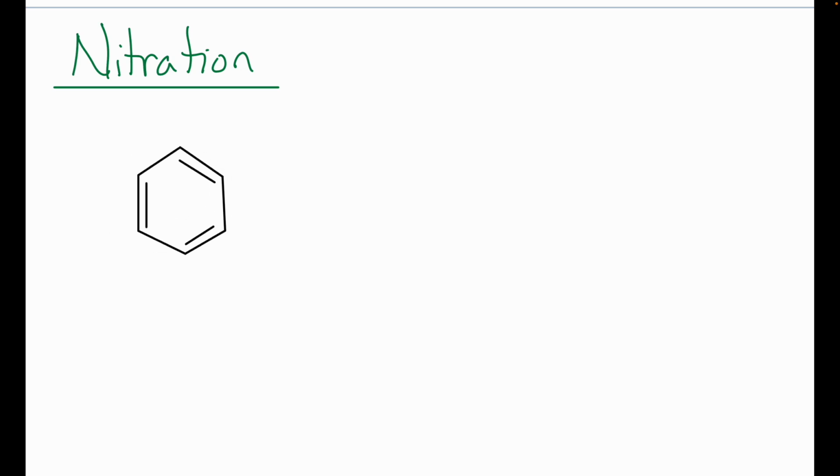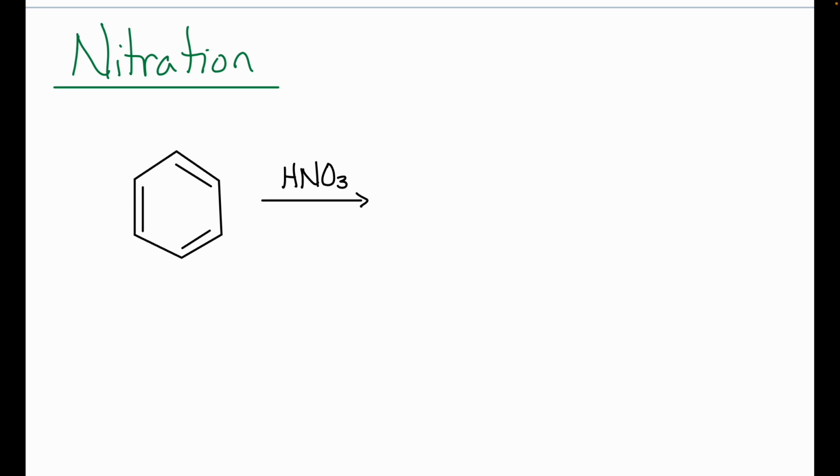Our next reaction is what's called a nitration reaction. We take a benzene ring and we mix it with nitric acid. This will put a nitro group on that benzene ring.